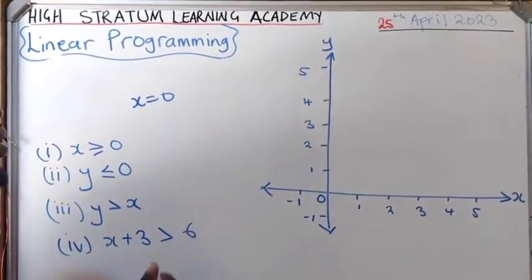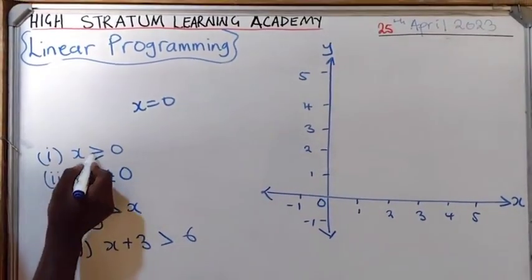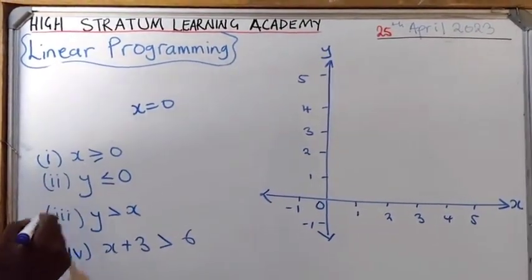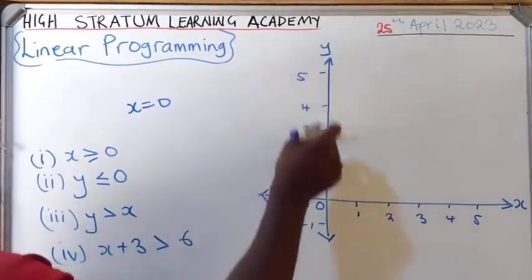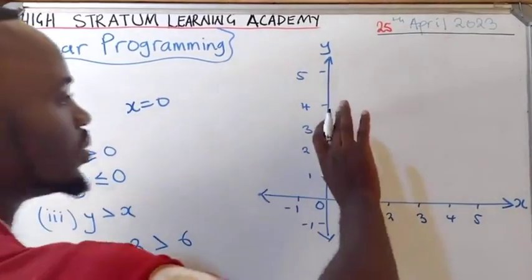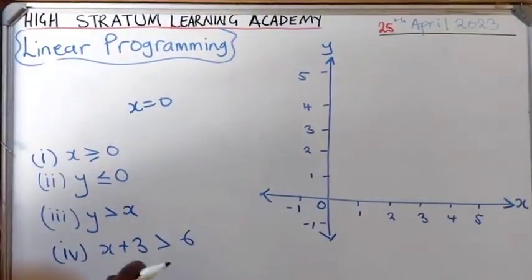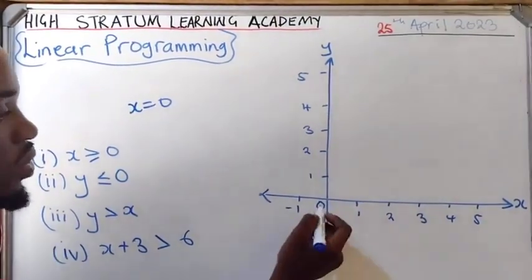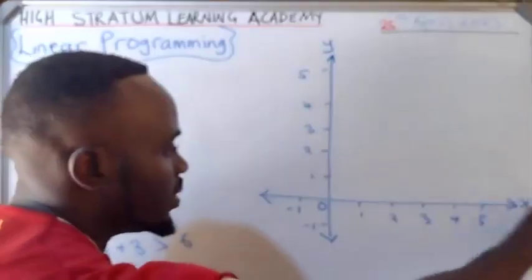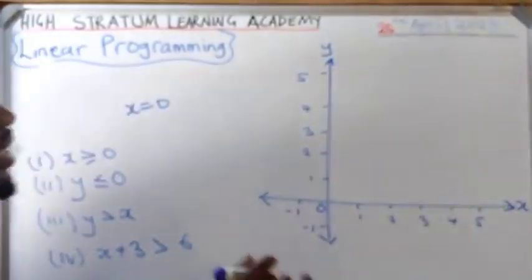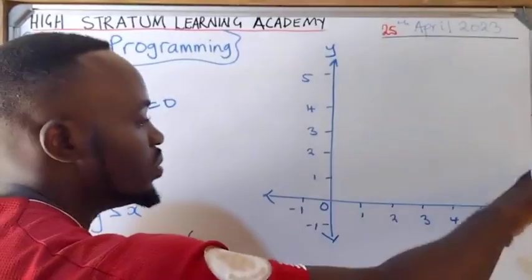Now they are saying greater or equal to. If this is the line x equal to 0, it means that the numbers going this side are greater or equal to 0. So in short, this is the wanted region.